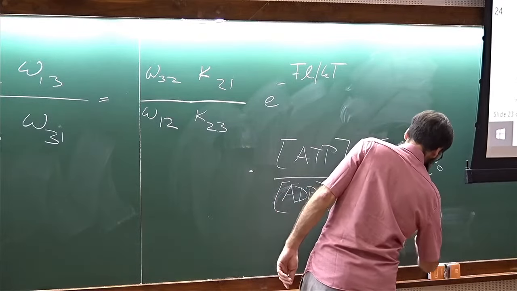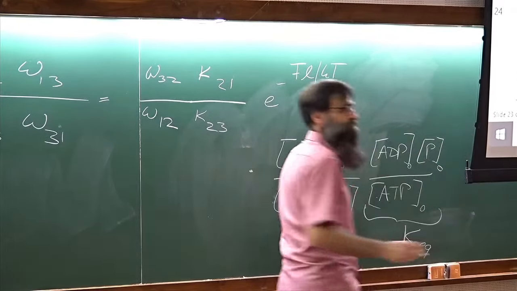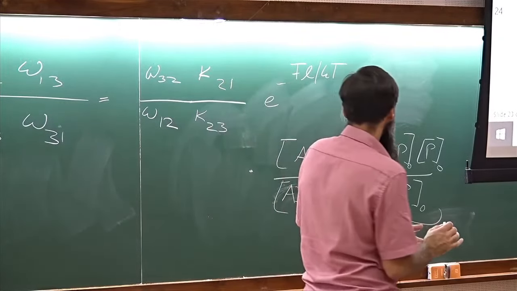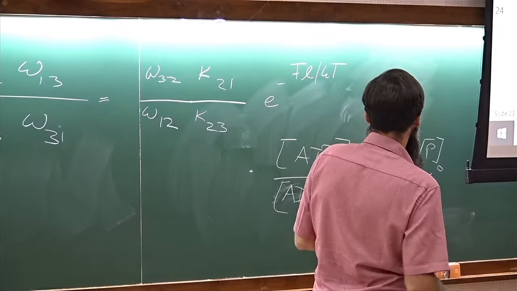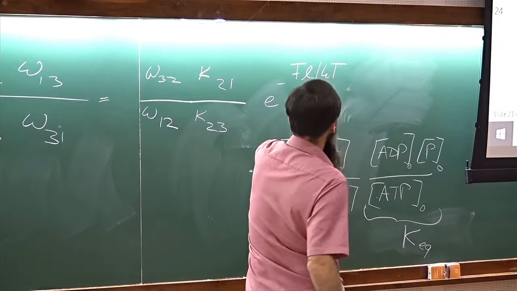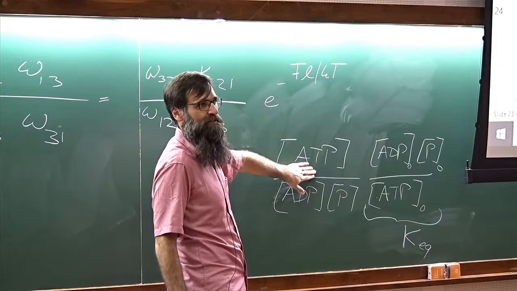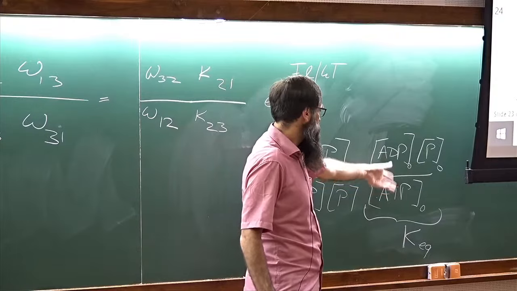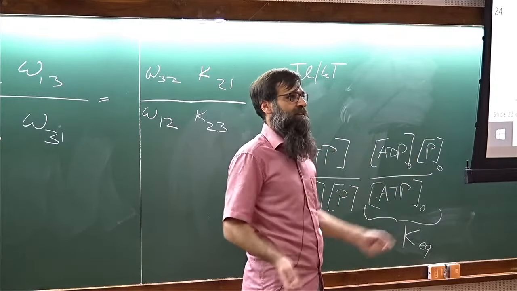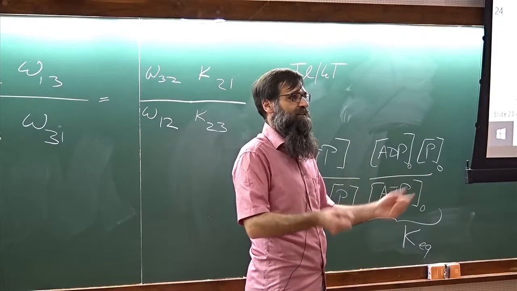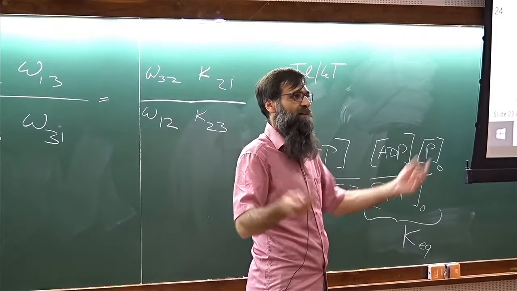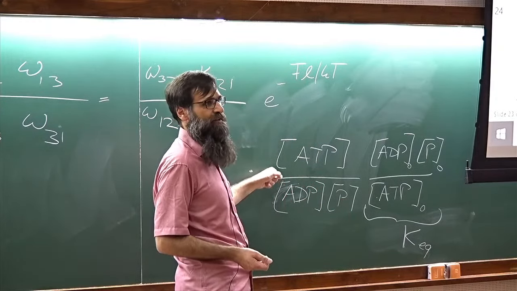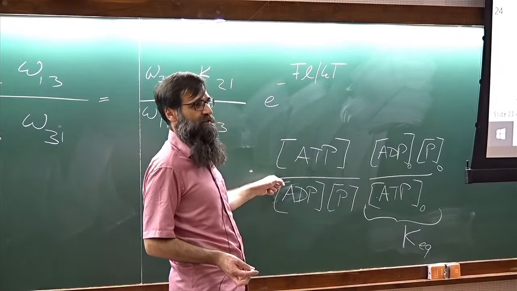Okay, this is just the equilibrium constant ratio of concentrations. Now, how does the chemical potential come in? The chemical potential comes in if we also take this term here. Because if you are in equilibrium, then the chemical potential is in the minimum, and there is no driving force towards that equilibrium anymore. But if you have concentrations that are different, that's when the chemical potential comes in.